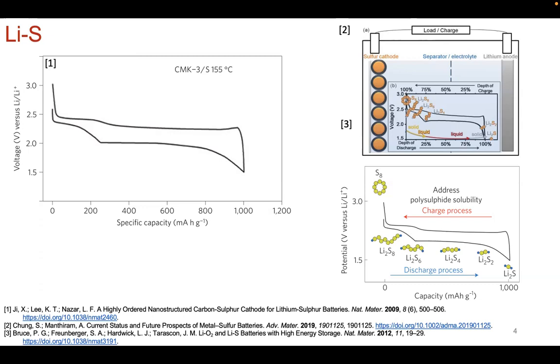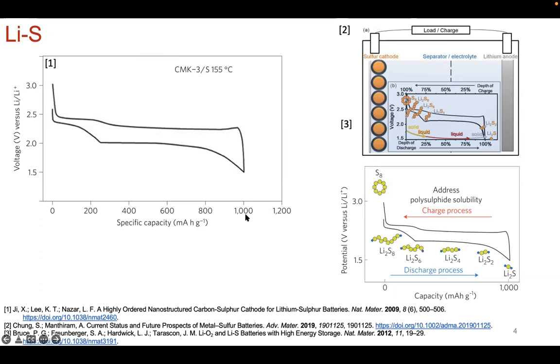So similar to ordered silica supports like SBA-15, there's ordered carbon supports like CMK-3. By just melting sulfur into these structures above sulfur's melting point of 135, at some gentle temperature of 155 degrees C, you can achieve high capacity.